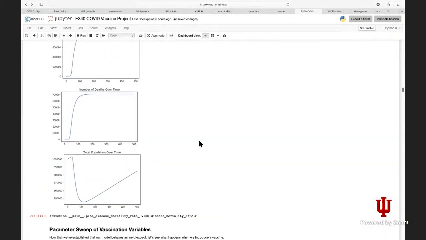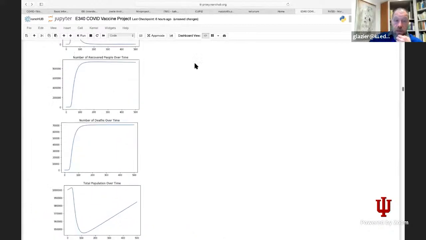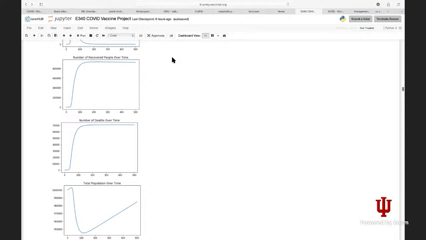Dr. Glazier, were you going to say something? I was just going to say that for some of those parameters where the values are small, you might display the value times 1,000 or the value times 1,000,000. The way, if you go to Worldometer, they cite the number of deaths per million people, or they cite the number of deaths per 1,000 people.